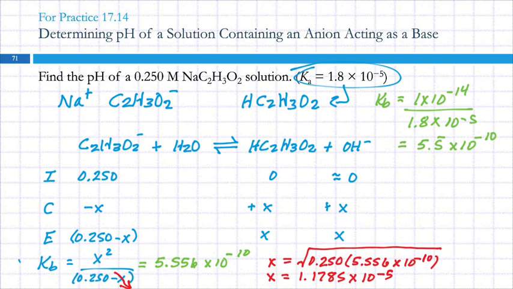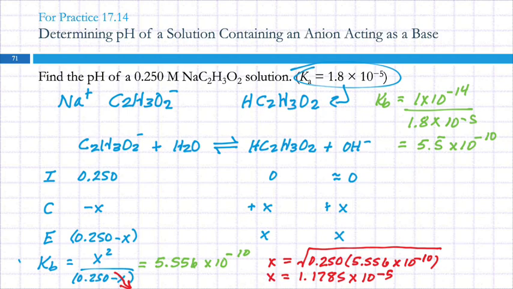That is so small compared to 0.25 that I don't even need to do the math. It's obviously less than 5%. It's got 4 zeros before the first significant figure, so with sig figs, when you subtract there, it wouldn't change it at all.